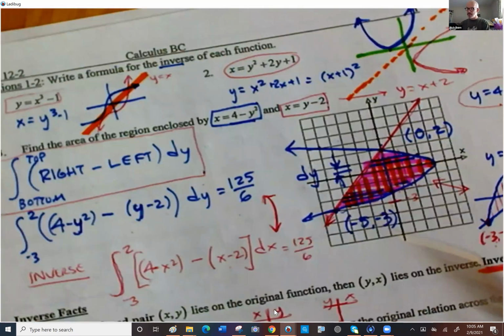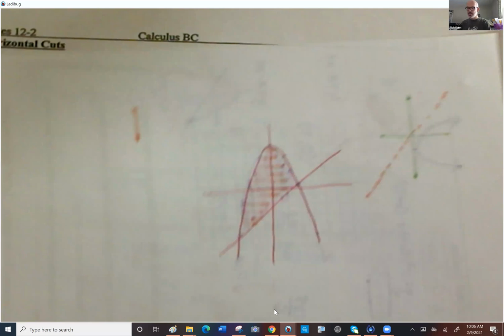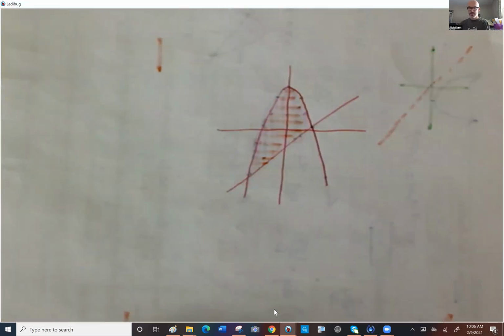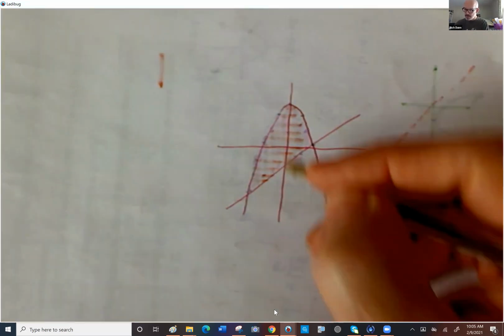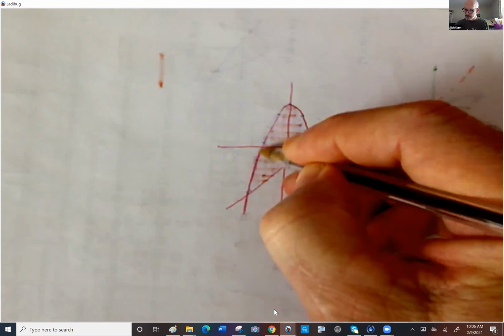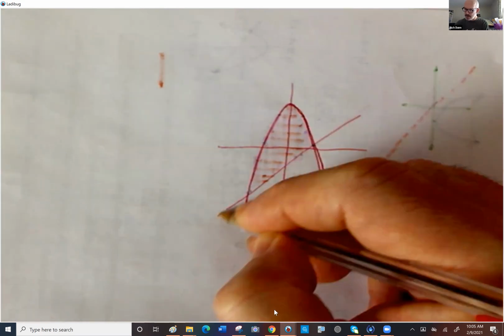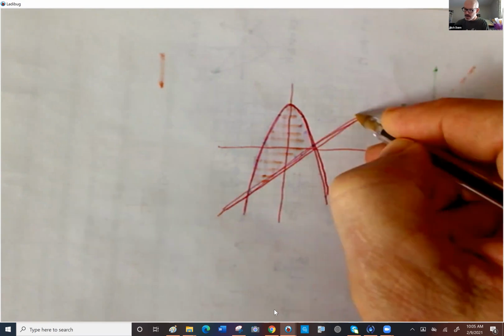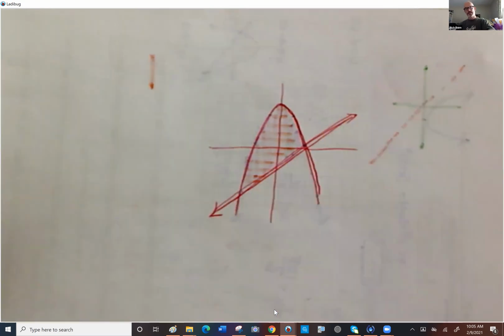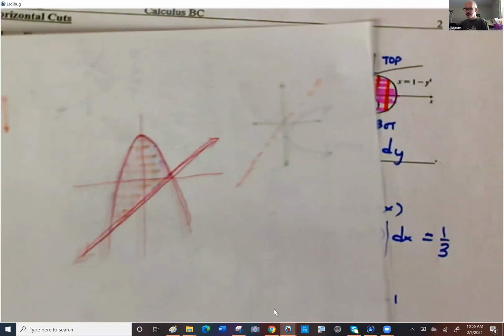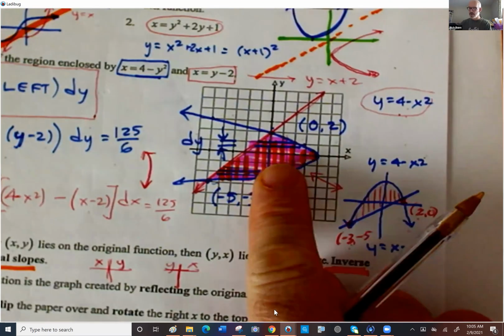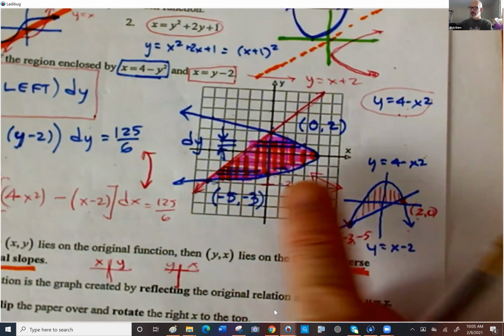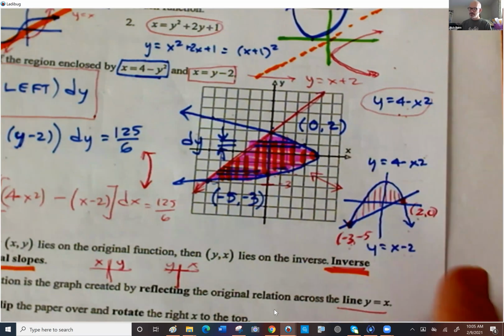If I turn my paper over and then rotate the top 90 degrees to the right, you'll see that this parabola and this line match that sketch that I did right here. I can achieve this graph by flipping my paper over and turning the top 90 degrees.